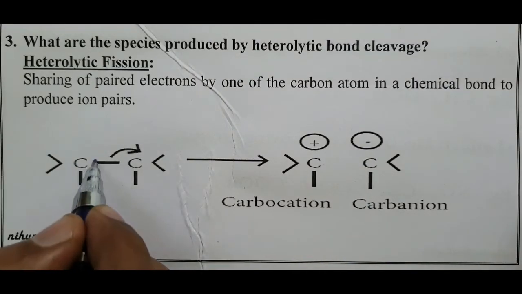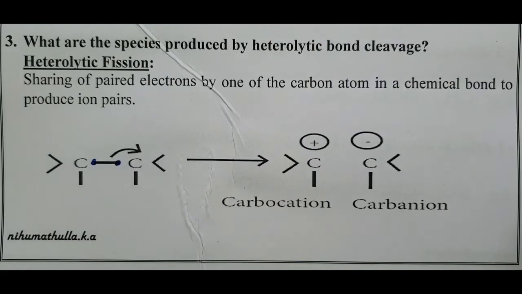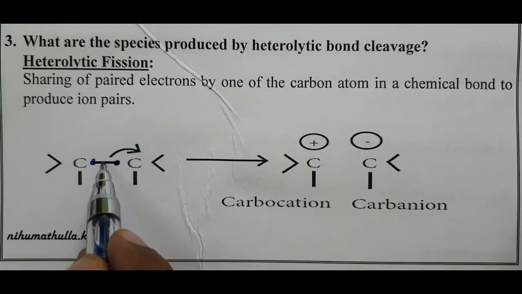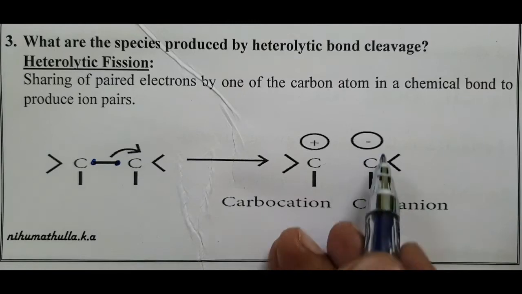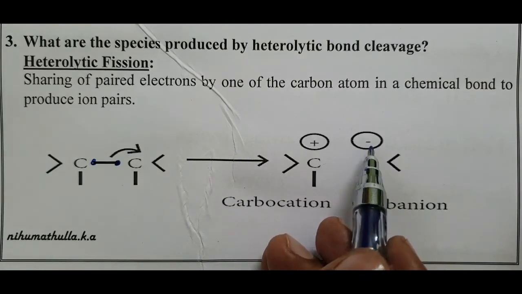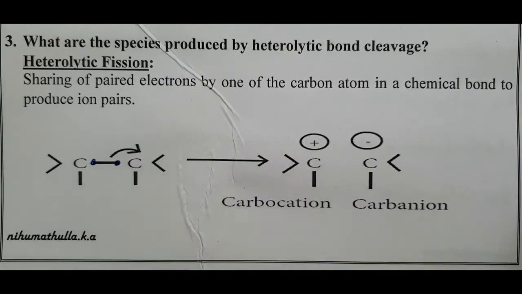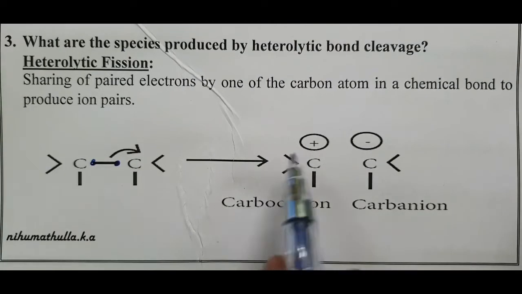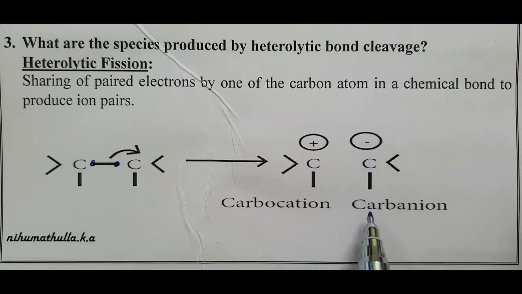A single bond containing 2 electrons, those 2 electrons are completely taken by one carbon atom, thereby it gets negatively charged and the other carbon gets positively charged. The positively charged carbon center is called carbocation and the negatively charged carbon center is called carbanion.